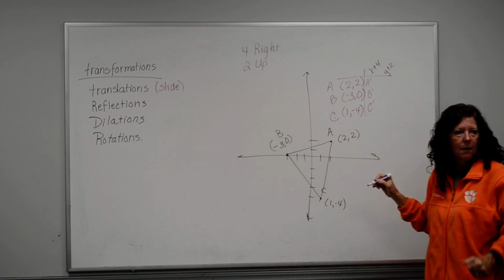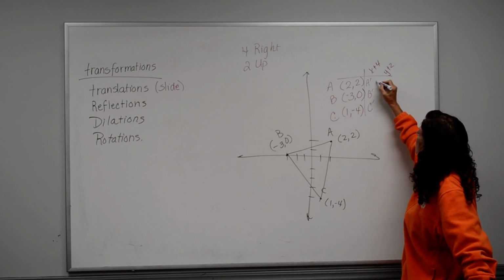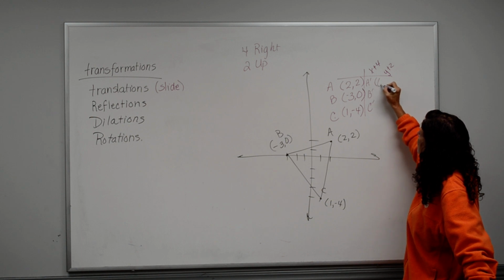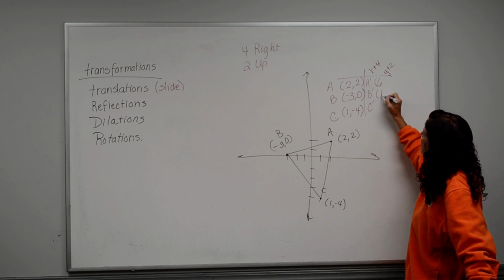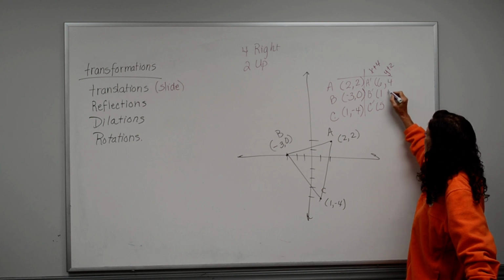Do you remember that? The prime stuff? So this is going to give me 6, positive 1, positive 5, 4, 2, and negative 2.